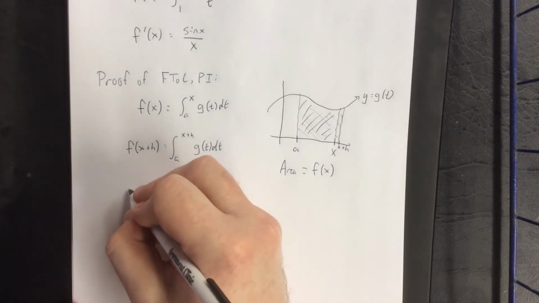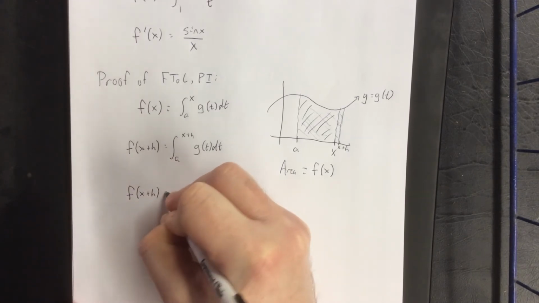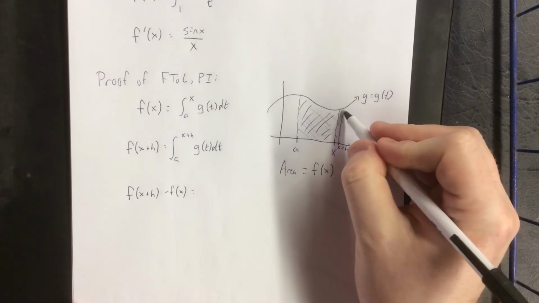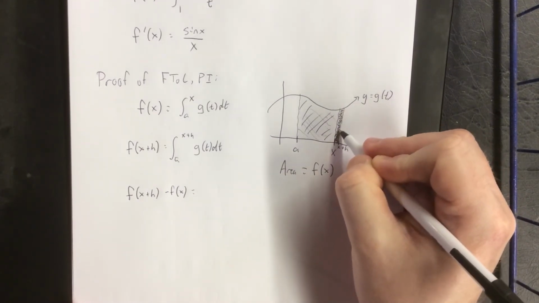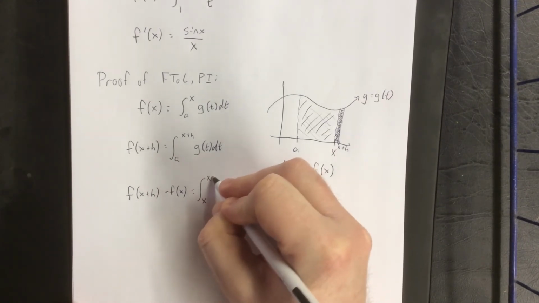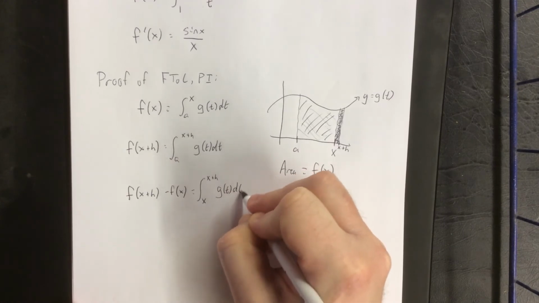Now what this also means is that if I were to take f of x plus h minus f of x, I would be talking about just this little strip of area right here. Or using the properties from section 5.2, that would be the definite integral from x to x plus h of g of t dt.